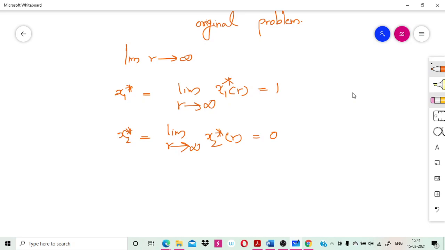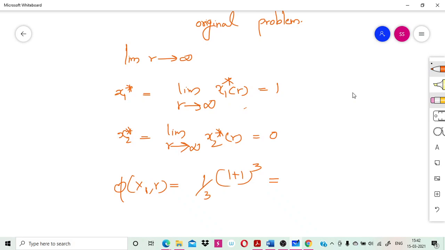And if you apply this solution to equation number 1, that is phi of x1, r, and substitute for x1 and x2 as 1 and 0, then you will get 1 by 3 into 1 plus 1 whole cube only, and the rest of the terms will be 0.